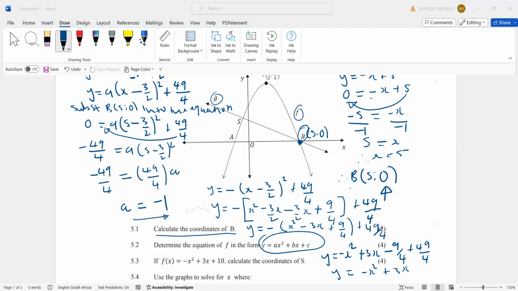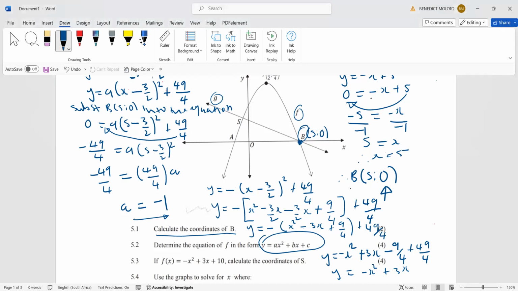Positive 3, because negative multiplied by negative is positive 3.